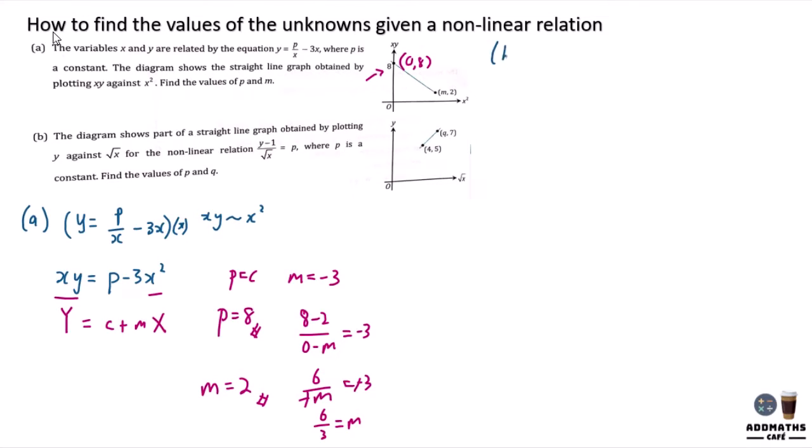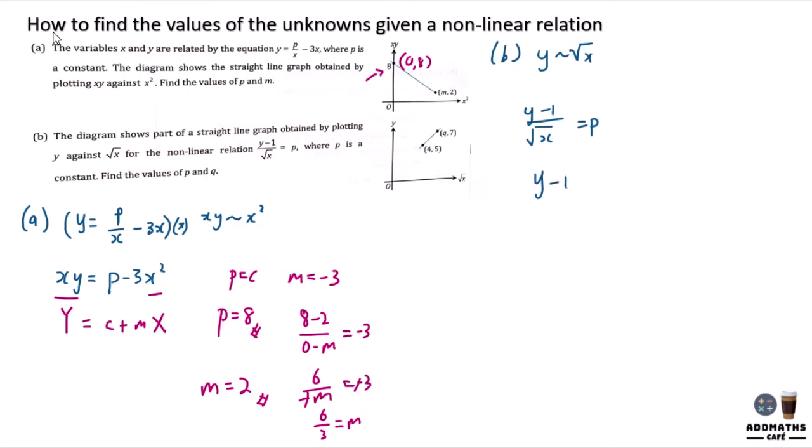For question B, we have a diagram showing a straight line obtained by plotting y against square root x. We also have a nonlinear relation, which is y minus 1 over square root x equals p. So in this case, we need to make a linear equation. To make a linear equation, we need to make the y become y and your x become square root x.